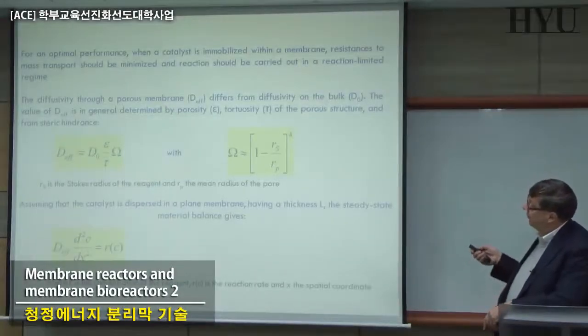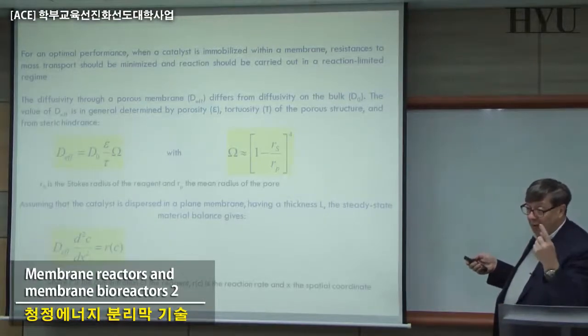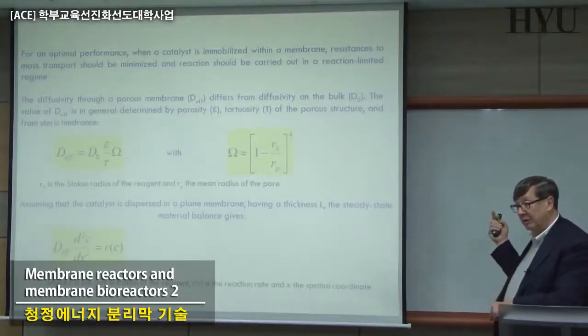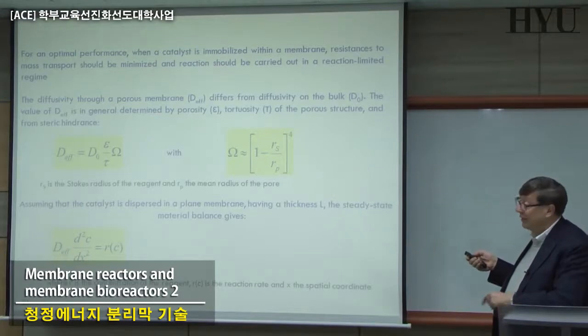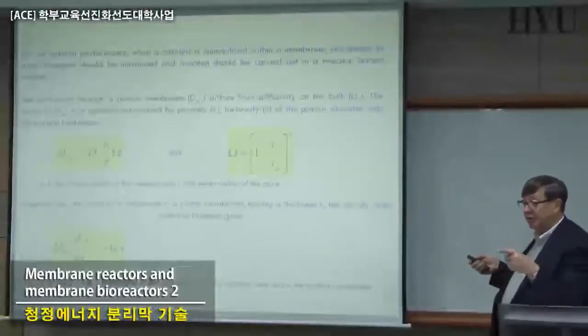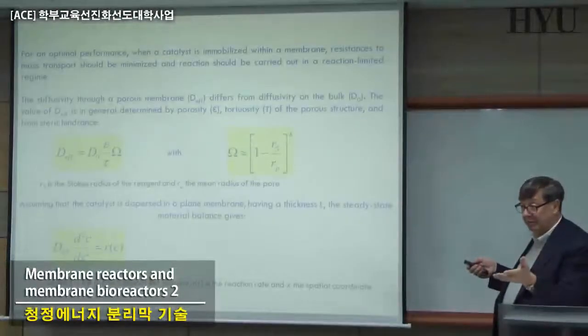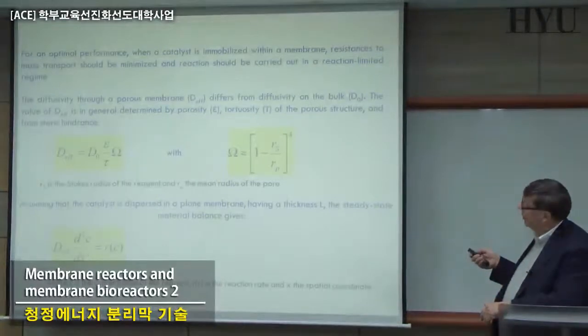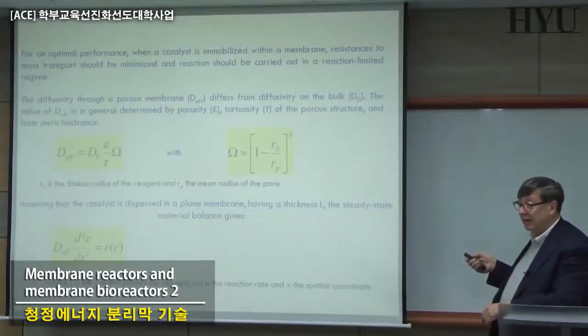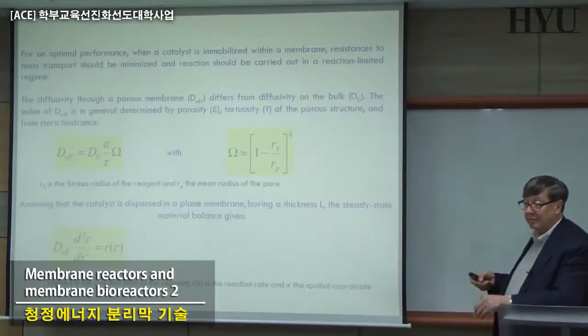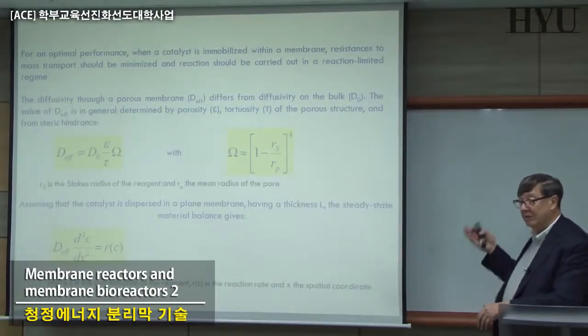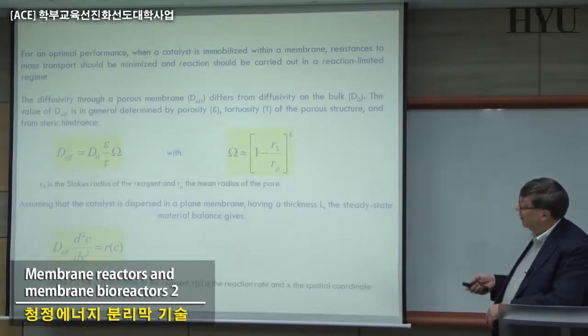You can have significant advantages. Number one, as we discussed at the beginning, you can continuously recover the catalyst, the enzyme in this case, which is quite expensive. Second, you significantly increase the lifetime of the enzyme. The urease that normally works for a few hours lasts a few months if you immobilize it this way.